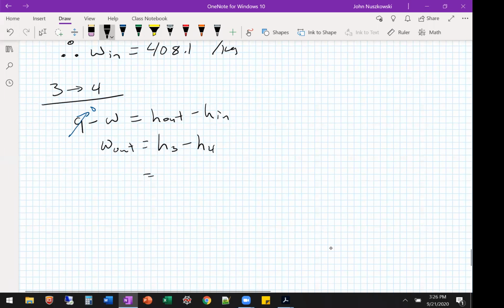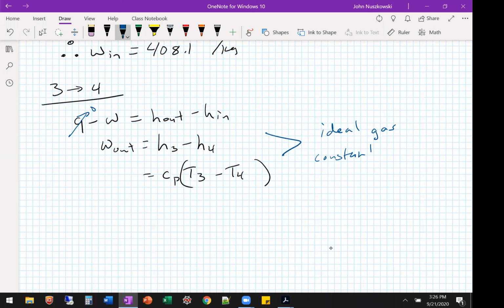We can put in our Cp, T3 minus T4, again because it's ideal gas, constant specific heats.